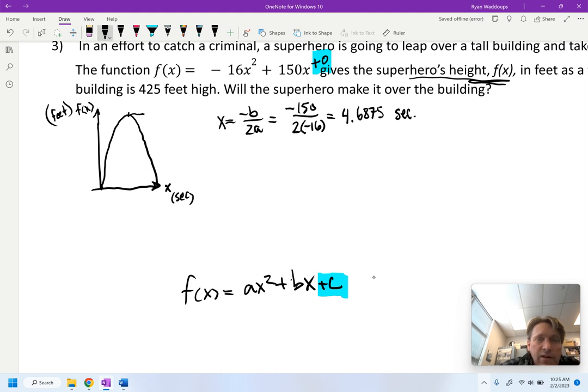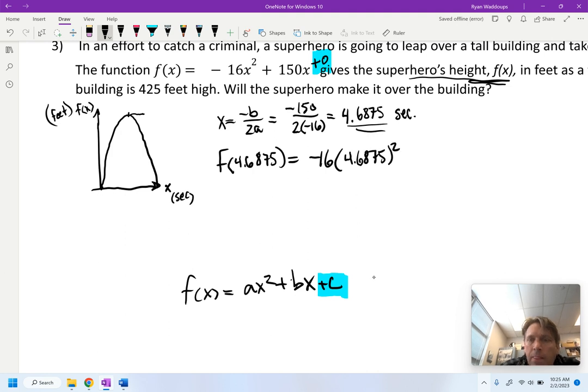To find the height, we need to take that value and plug it into the original formula. So we've got f of 4.6875 is equal to negative 16 times 4.6875 squared plus 150 times 4.6875.